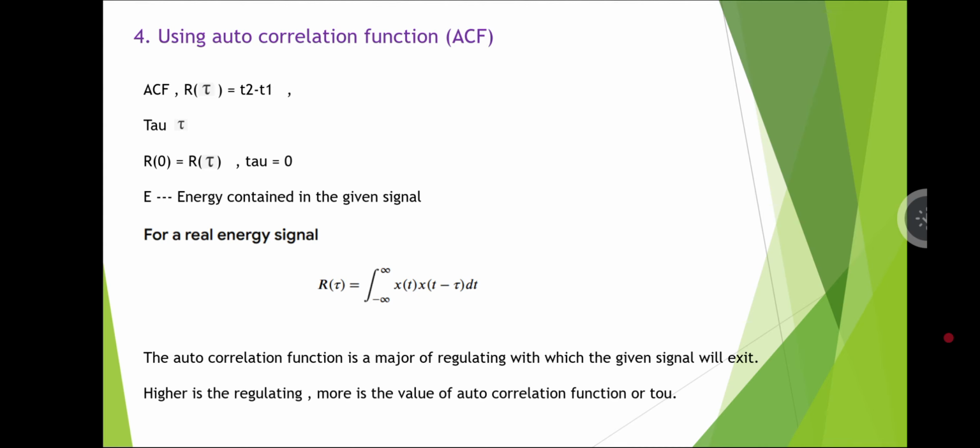So this is the relation for real energy signals. The autocorrelation function is a measure of regularity with which the given signal will exist. So the higher the regularity, the more is the value of the autocorrelation function R(τ).